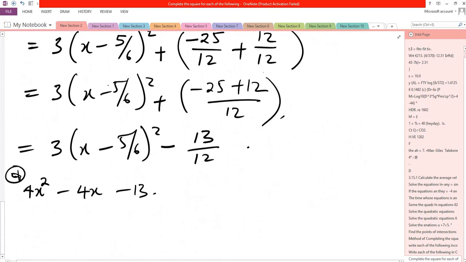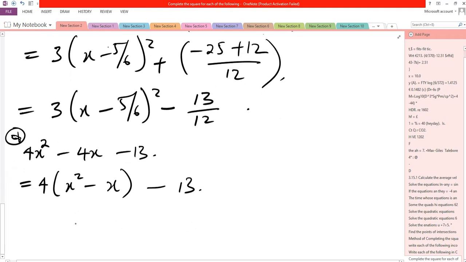Okay, that is it. We'll now write this in the form 4 times bracket open x squared minus x bracket close, minus 13. So we now have this.